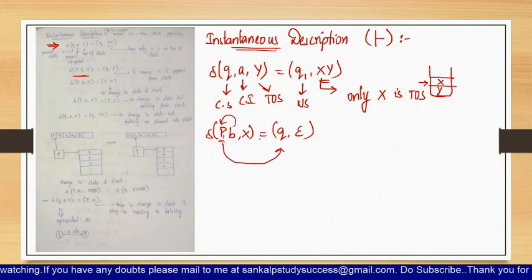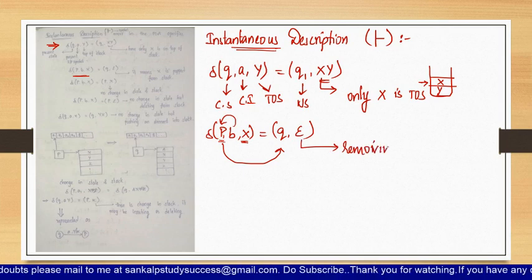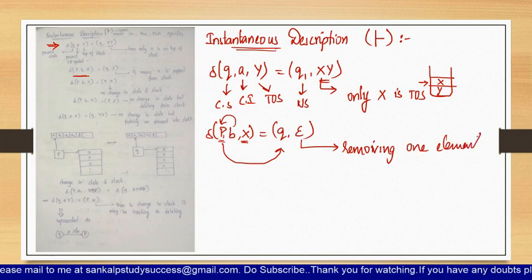And here X is the top of the stack and epsilon is nothing but removing one element. Epsilon indicates removing or popping one element. Wherever you see epsilon, you need to pop one element. As there is only one element in the stack and you are popping it, you are left with epsilon. So this is the second case where you are popping the stack alphabet.